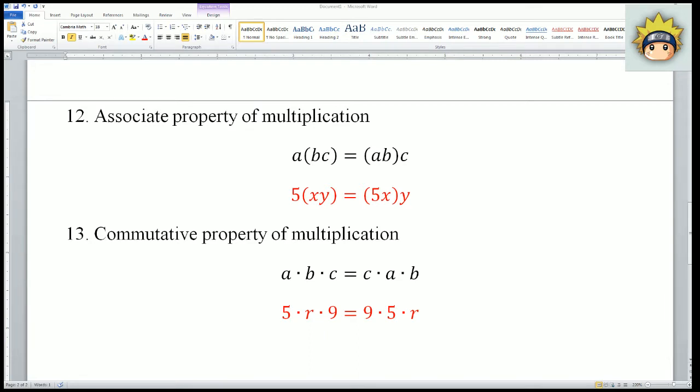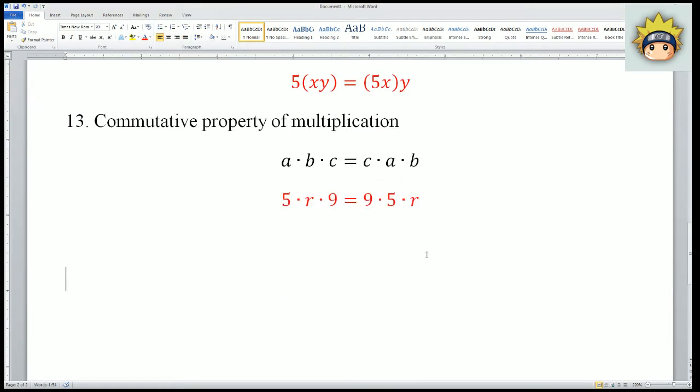Next, our favorite one in class, it is our substitution property. It replaces, that's the word that we talk about, replace. So, let me just give you the example.